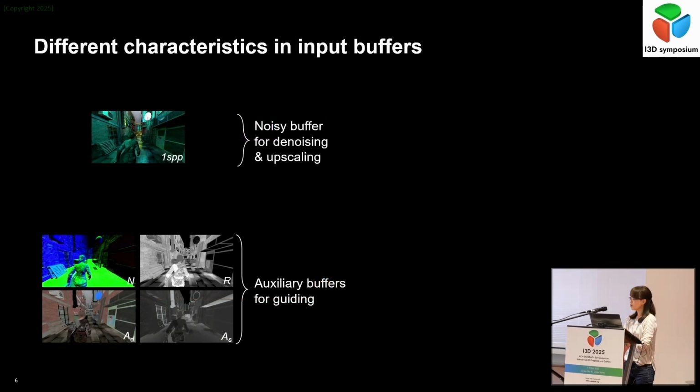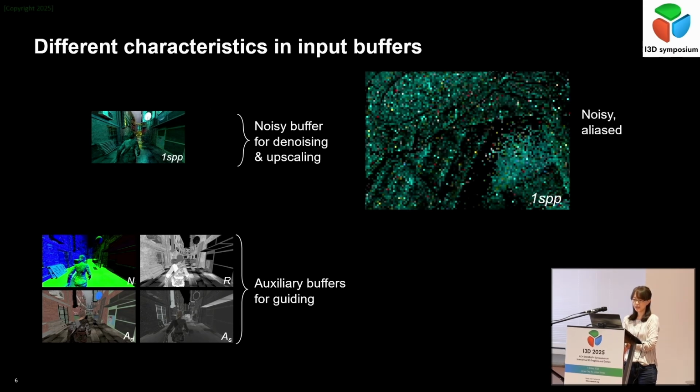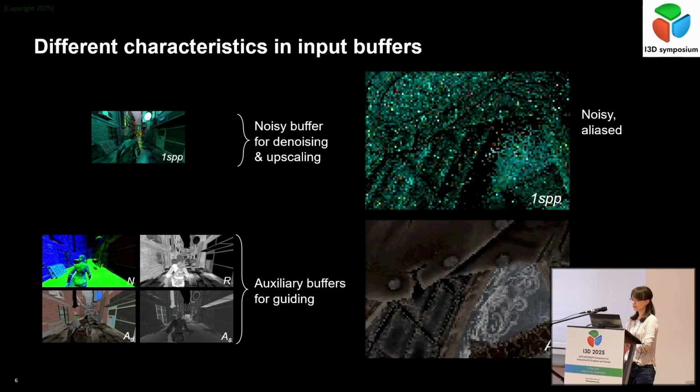For our neural network model, we consider the different characteristics in our input buffers. As you can see here on the top, the one sample per pixel color buffer is noisy as well as aliased. However, the G buffers we use to guide this noisy color buffer are normally noise-free, but just aliased.